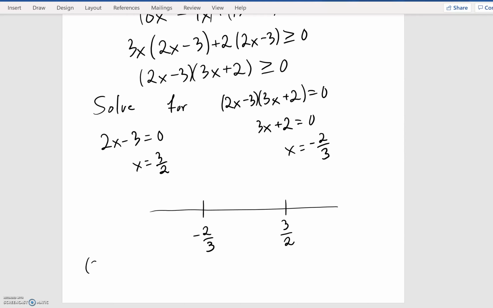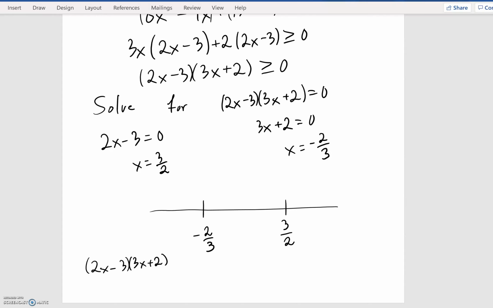Let me write down the quadratic function here on the lower left-hand side of the screen. We are going to plug in numbers before these zeros, between these zeros, and after these zeros. And we are going to keep track of the sign of our result. I don't care about the actual number, I just care about the sign.